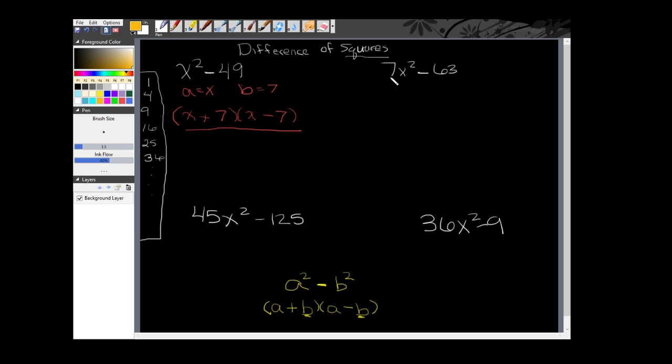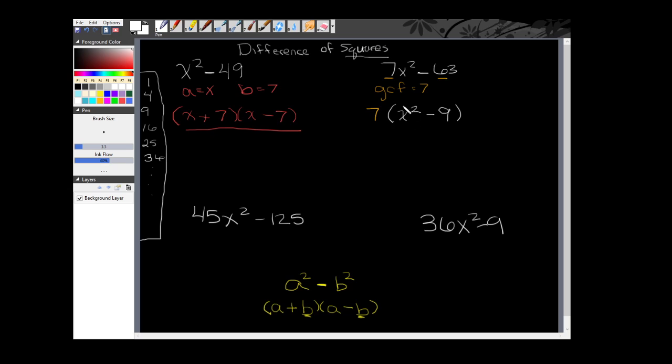However, if you look a little closer, 63 is a multiple of 7, so you could find a GCF between those, which in this case is 7. So I'm going to factor a 7 out from the set of parentheses. 7x squared divided by 7 is x squared, and 63 divided by 7 is 9.